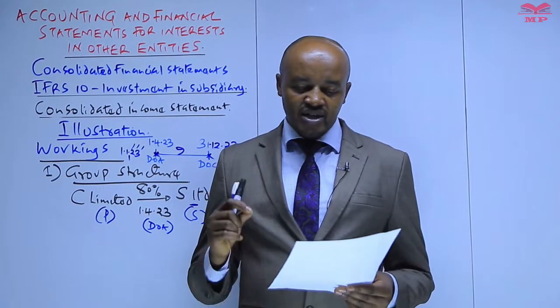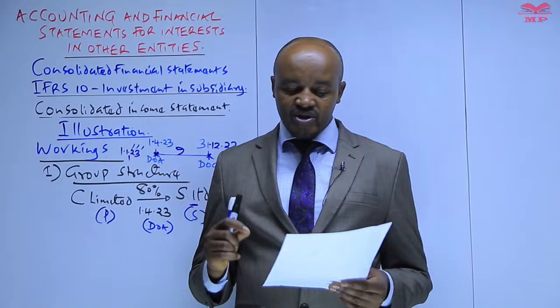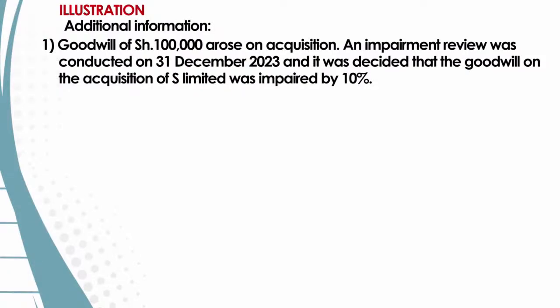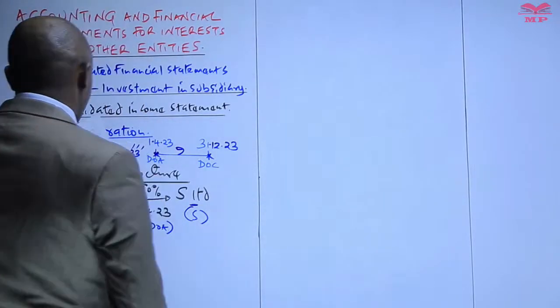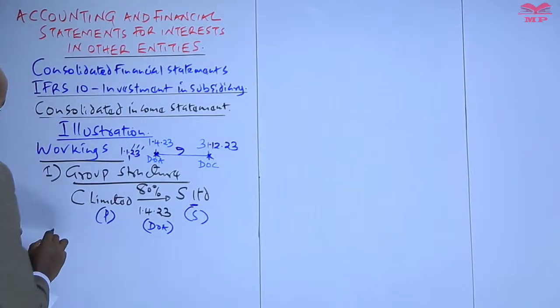And that's why you can see in the other sentence of note 1, you're told an impairment review was conducted at the end of the year, and it was decided that the goodwill on acquisition of S was 10% impaired. So the reason why we are given that particular information is for us to be able to compute the impairment loss.